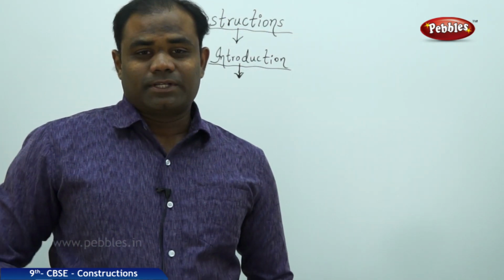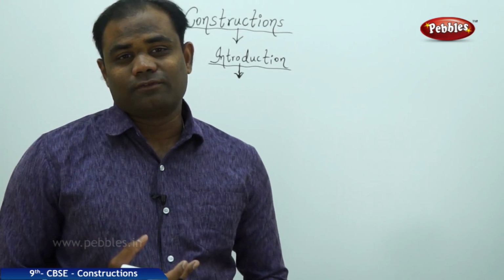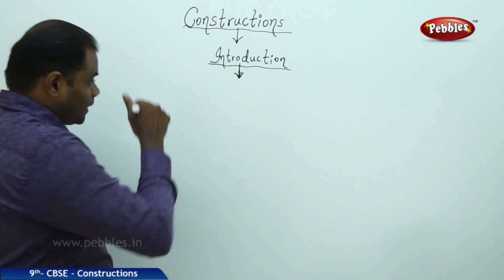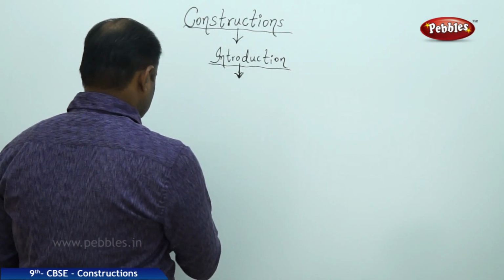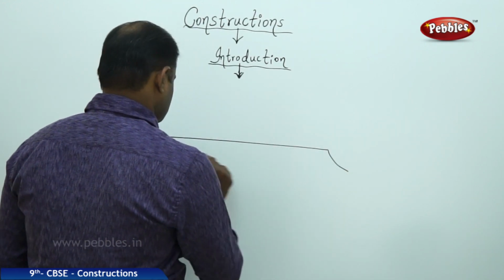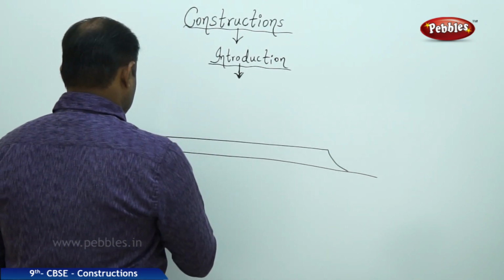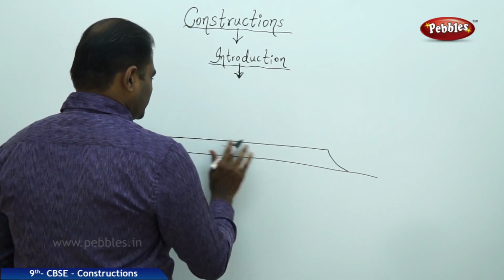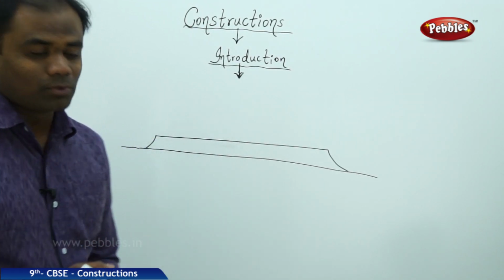Before we get into understanding construction in detail, let's get into an introduction of a real life situation. So for example, I have a bridge. This is the bridge along which I would like to construct a support.